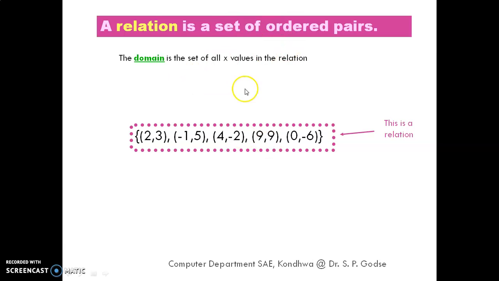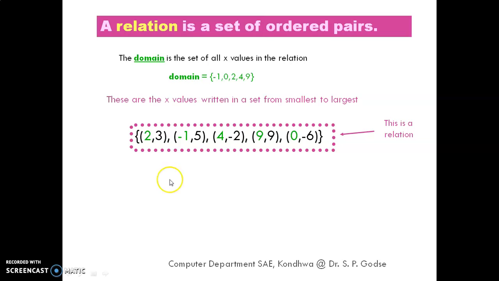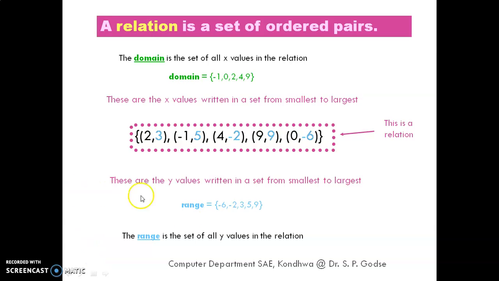So domain is the set of all x values in the relation, that is 2, -1, 4, 9, 0. These are the domain set, and these are the x values, and range is the set of all y values in the relation R. So the range set will contain -6, -2, 3, 5, 9.